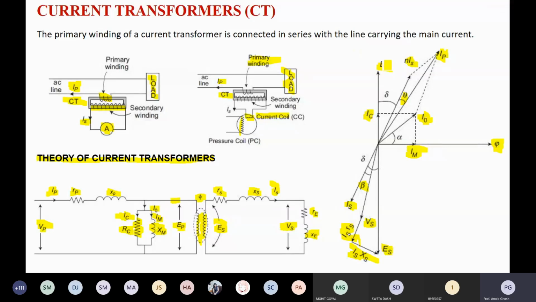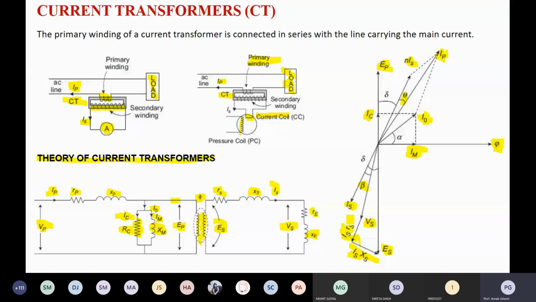So you have to do the calculation. From where do you have to draw that? From the current transformer transformation ratio, the CT ratio. From the right angle triangle PQR, it is the right angle triangle with P, Q and R. So you will get PR equal to I0.